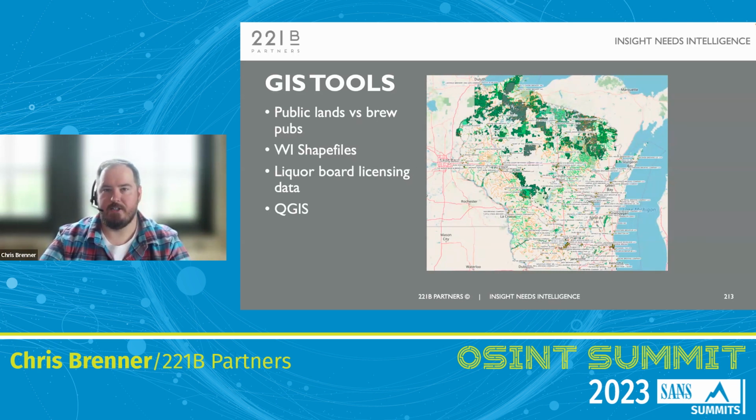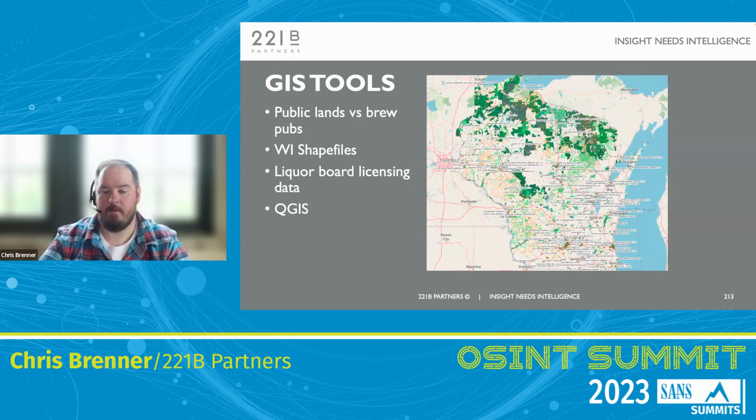And then I took a data set that I found from the Wisconsin State Liquor Board of all brew pubs licensed in the state. So if you're like me and you like spending a day or weekend out fishing or mountain biking or hiking, and maybe you want some refreshments afterwards, here's a handy map you can create that shows where you are and where all those different brew pubs are.